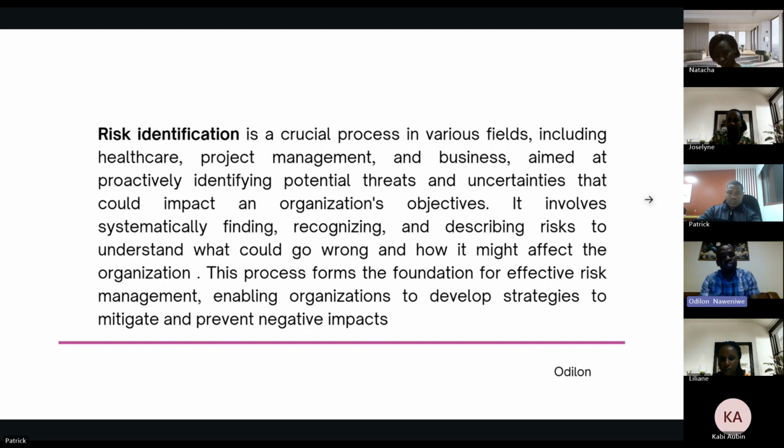It involves systematically finding, recognizing and describing risks to understand what could go wrong and how it might affect the organization. This process forms the foundation for effective risk management, enabling organizations to develop strategies to mitigate and prevent negative impacts.